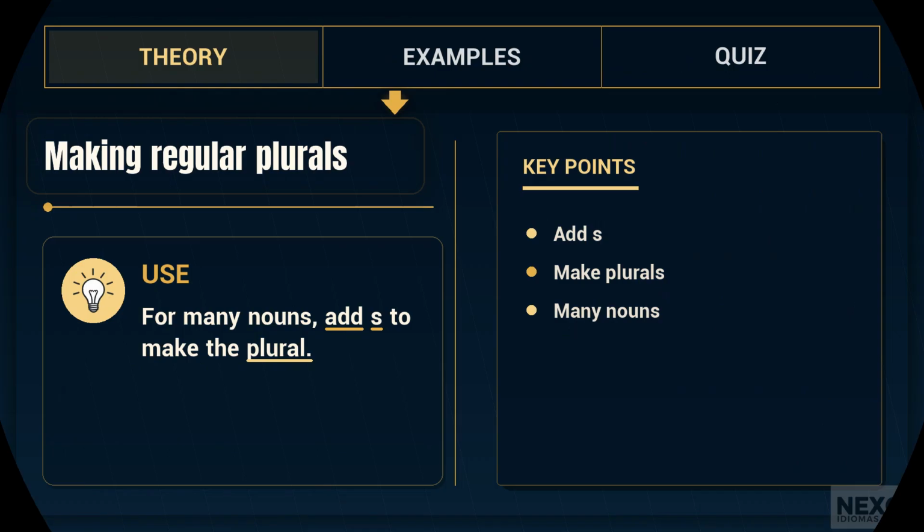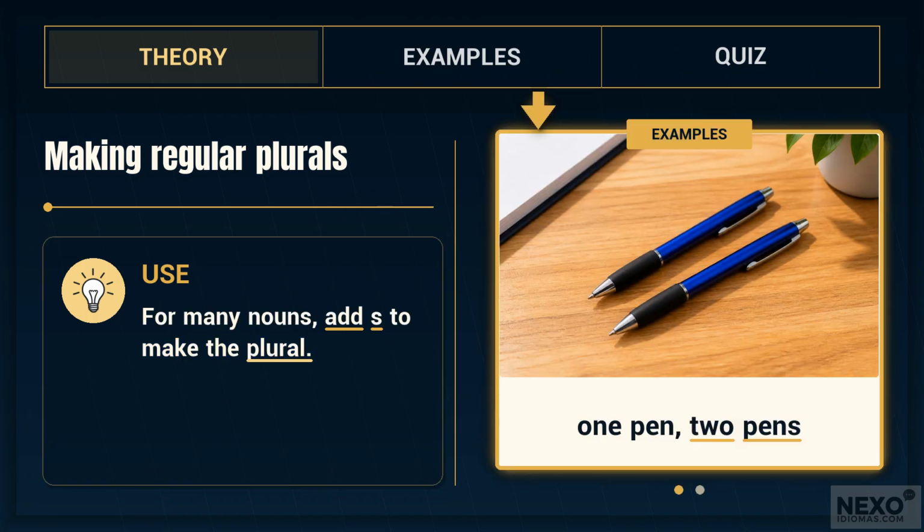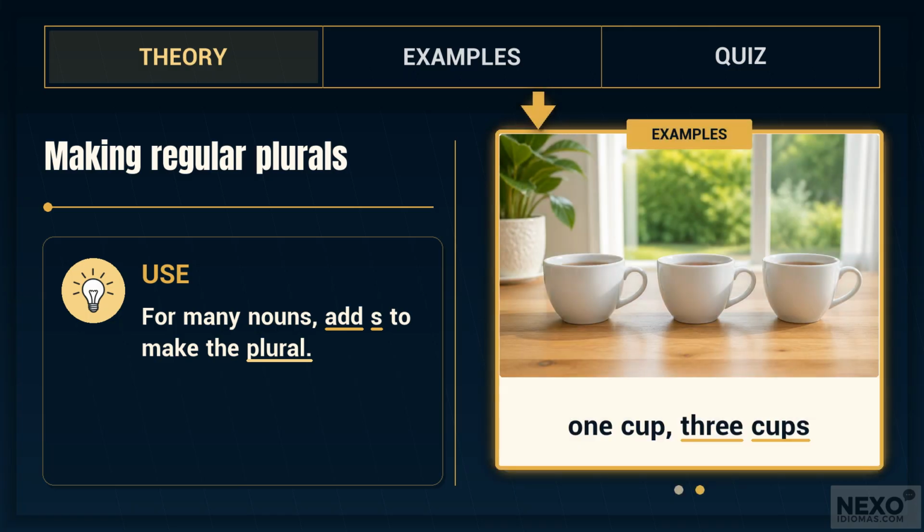Making regular plurals. For many nouns, add s to make the plural. Example: 1 pen, 2 pens. Example: 1 cup, 3 cups.